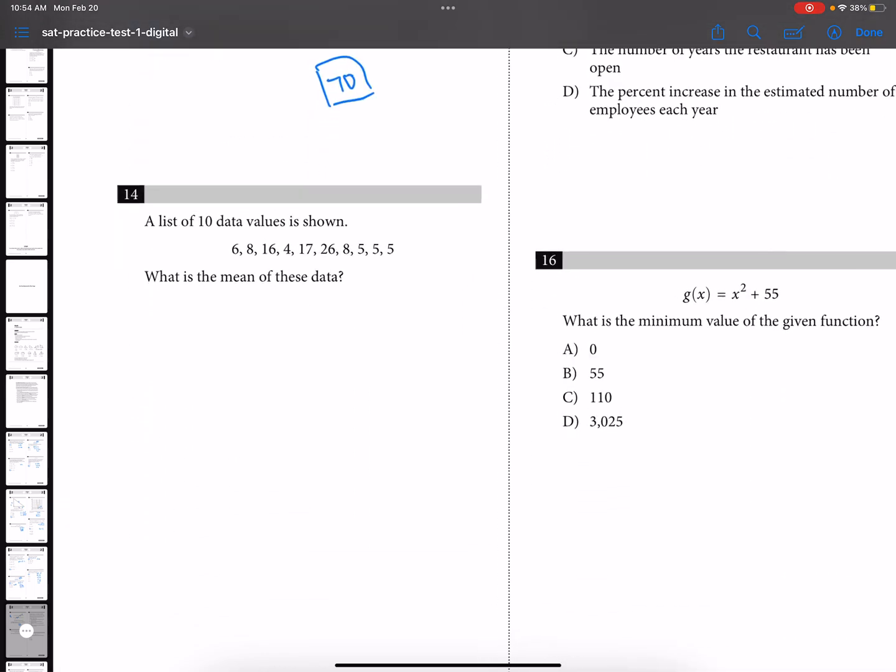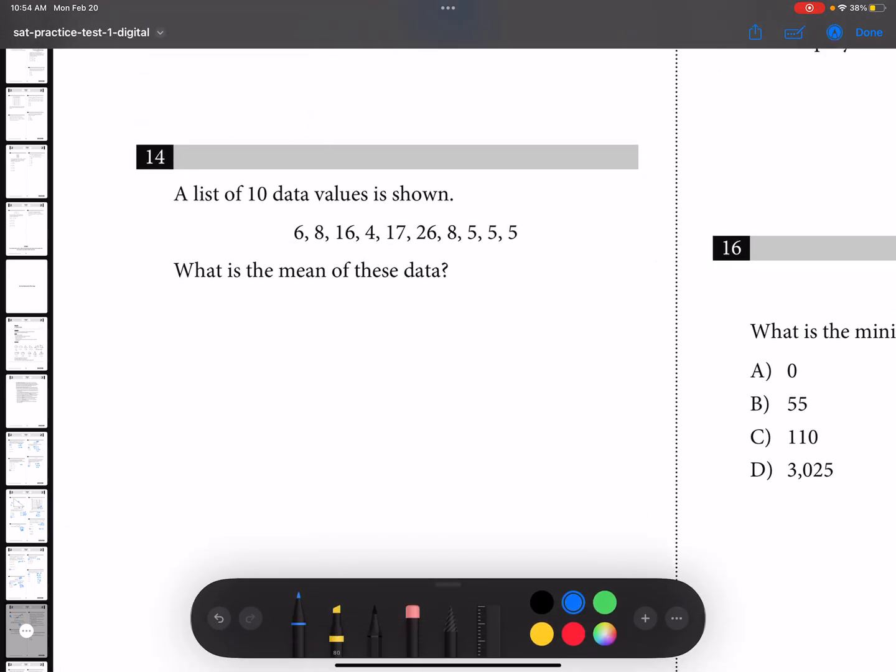All right, number 14. A list of 10 data values is shown. What is the mean of the data? Mean is when we add all these numbers and divide by how many values there are. In this case, there are 10 values. So we're going to first add up all these. An easy way: I'm going to say this is 14, 16 plus 4, that's 20. 17 plus 26 gives us 43. 5 times 3, 15, and we have 8.